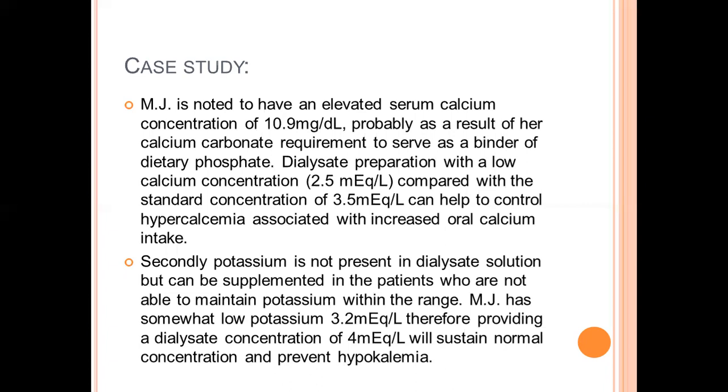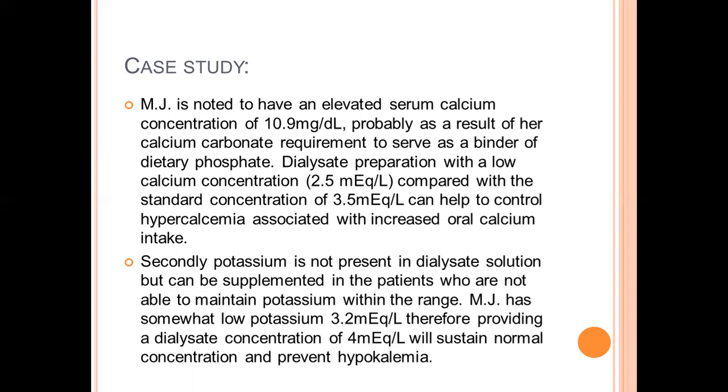It means that calcium carbonate in the body lowers the serum phosphate level and increases the serum calcium level. So for this, we decrease the dialysate concentration of calcium to 2.5 to overcome the problem of hypercalcemia.